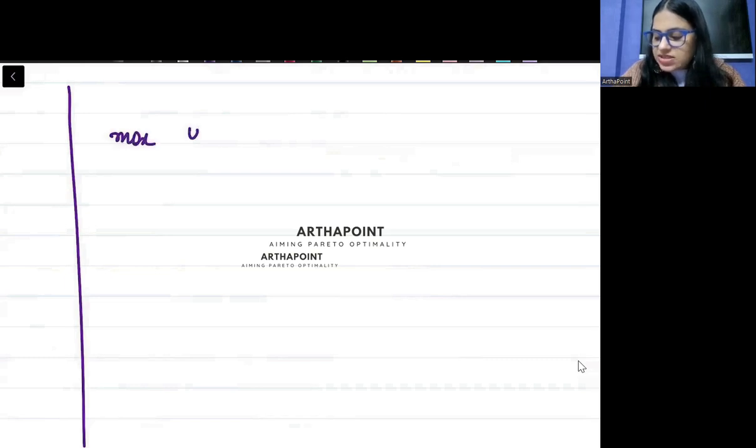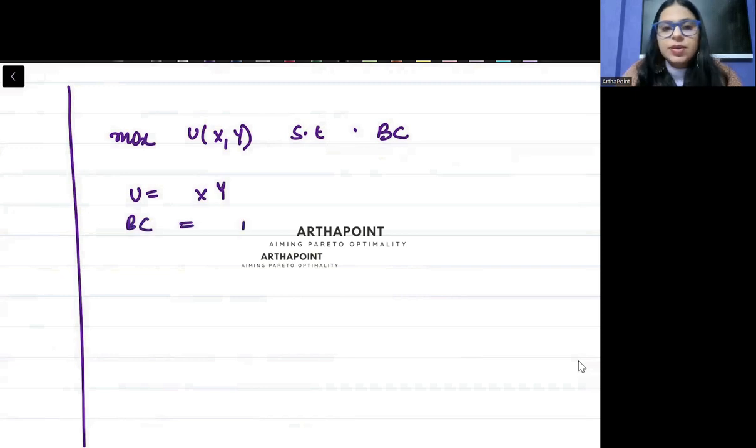Suppose I want to maximize utility subject to my budget constraint. Suppose I take a simple utility function, xy. And my budget constraint is px into x plus py into y less than or equal to the income of the consumer.